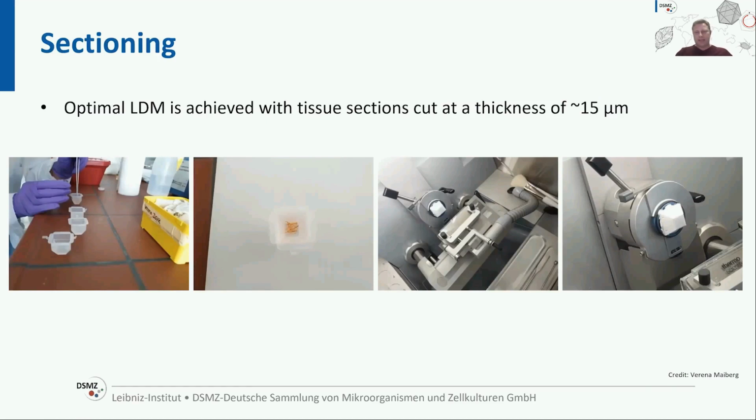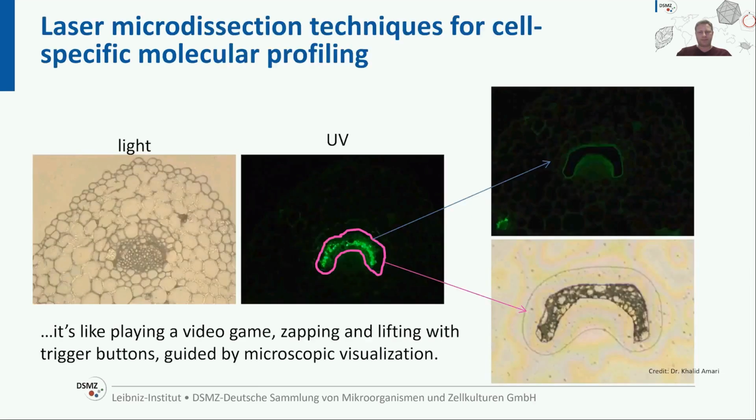But coming back to the CellCut system, here we must keep in mind, we must envision the samples as quasi two-dimensional. So we need to prepare tissue sections, and we use a cryotome for this. The optimal laser dissection results we obtained when working with tissue sections that are sliced to approximately 50 micrometers in thickness.